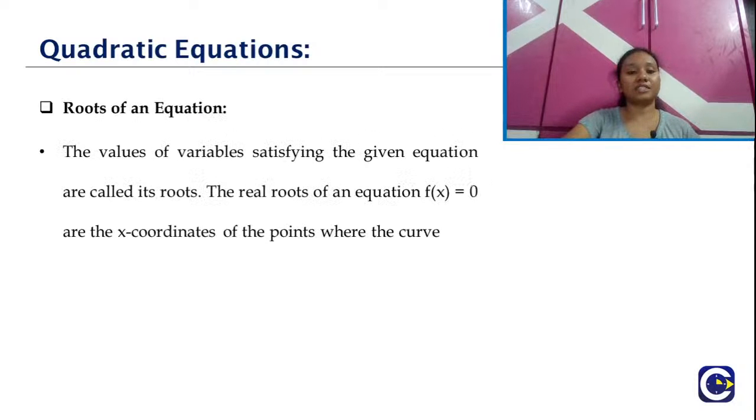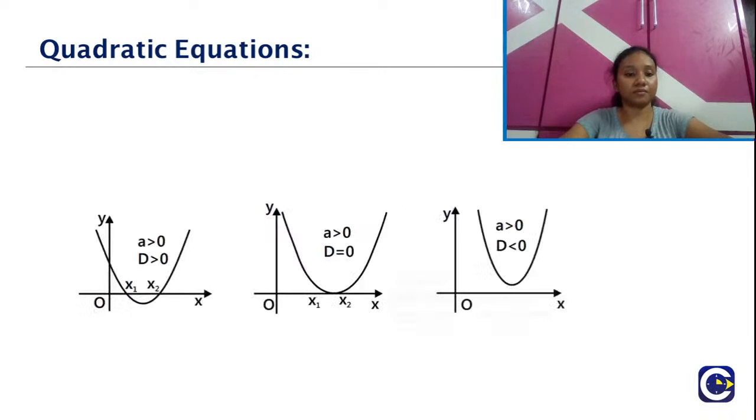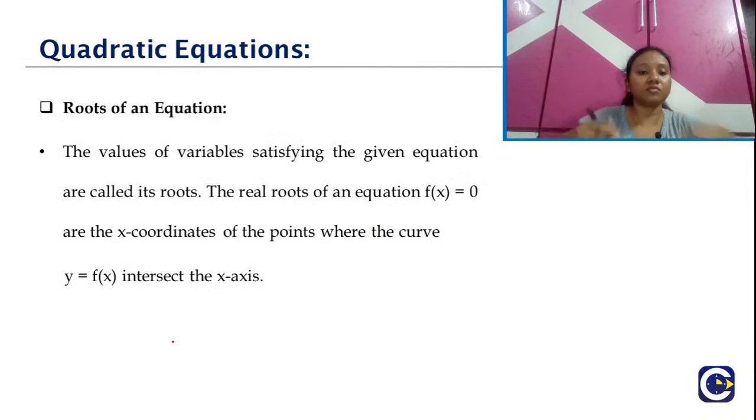Now let's discuss the roots of an equation, right? The values of the variables. Just now we discussed what the root of an equation is, or what a solution is, or the zeros of an equation. Those are nothing but the values of the variable.